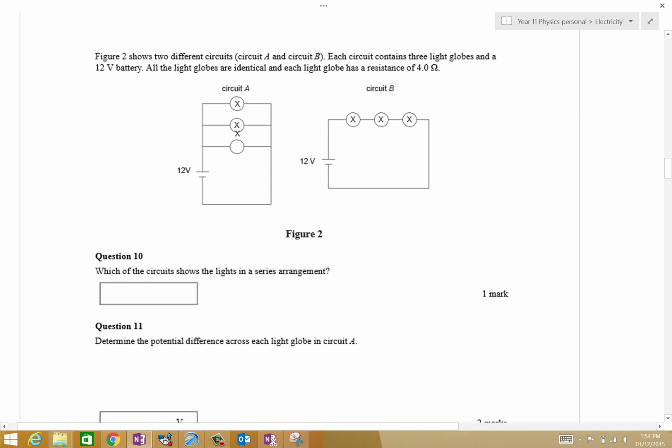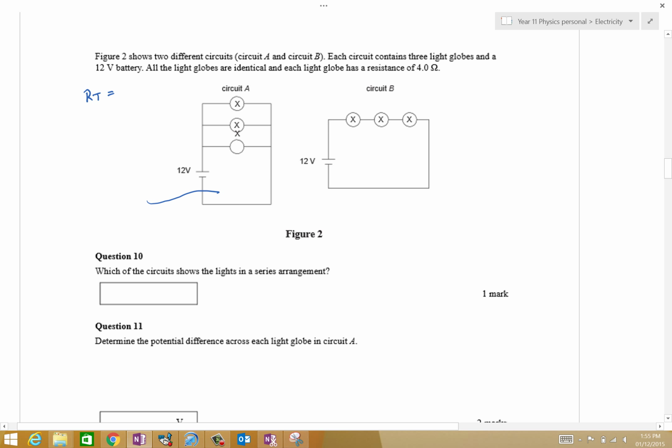This is what I really wanted to look at though. We've got two different circuits. Each of these globes has a resistance of 4 ohms. So first of all, we want to find the total resistance of this circuit here, and that circuit is of course in parallel.